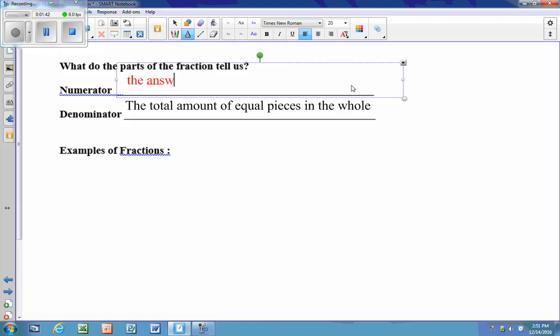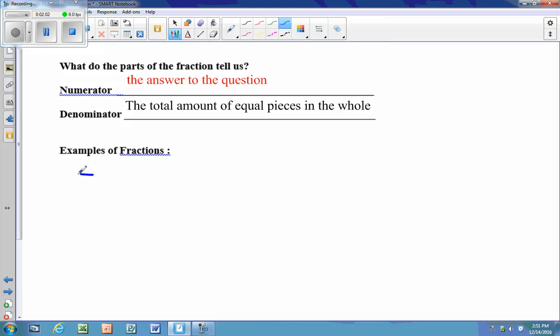For example, if I ask, what is the fraction of boys in the class? If there are 12 boys out of the 25 students, then the numerator of 12 tells me the answer to the question. If I ask how many pieces are shaded, the answer to that goes in the numerator.